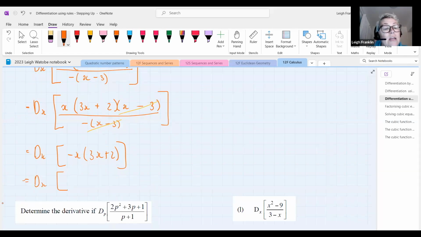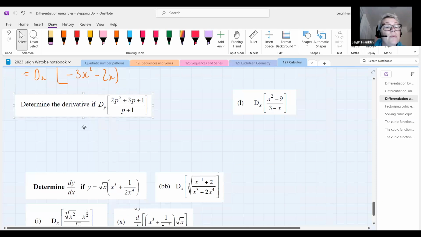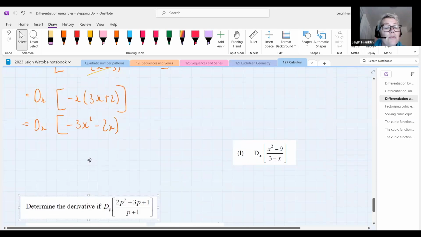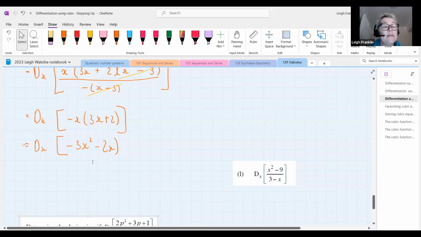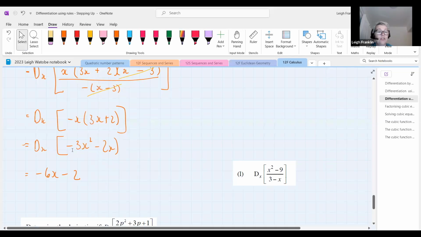That's going to leave me with minus 3x squared minus 2x. And then my last step here, I'm going to move that down, drop the dx, drop the square bracket, and apply my power rule. So that's going to give me minus 6x minus 2 as my final answer. Any questions?